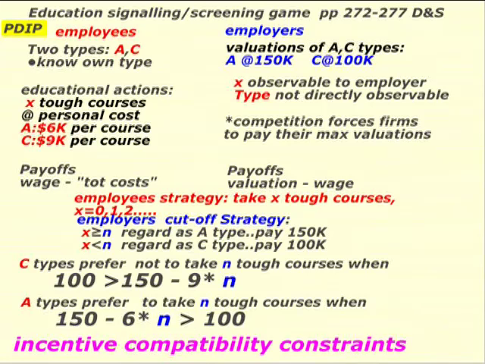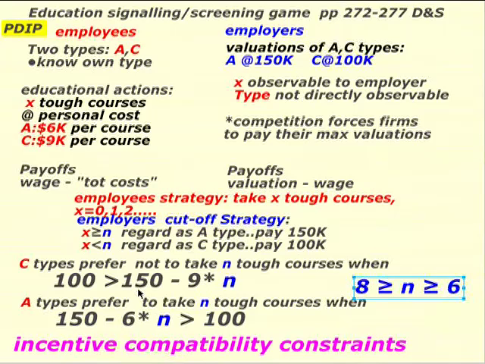It turns out that if you solve these two inequalities together, you figure out that n must be greater than or equal to 6 and less than or equal to 8. If you can't solve the inequalities, you can take guesses to get an idea. So let's take a guess at n equals 5 and see why it doesn't work. If n equals 5, then the cost to the challenge type is 9 times 5, which is 45,000.